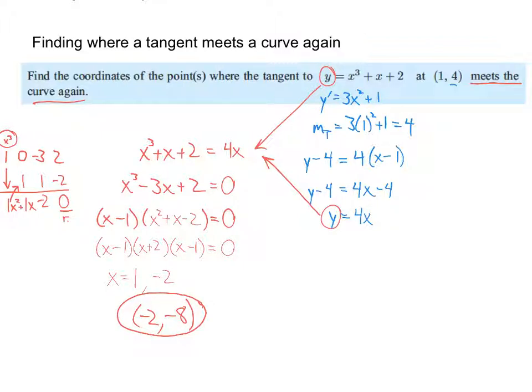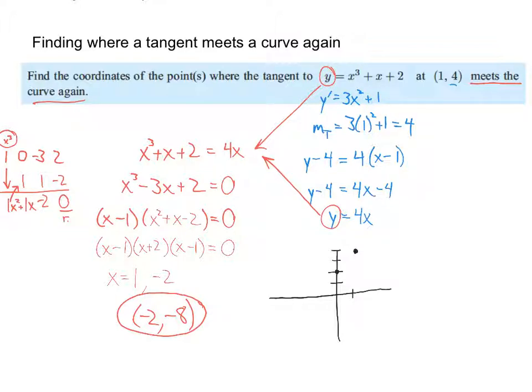Okay, if you want to see what this looks like, the original equation is going through 0, 2, 1, 4.